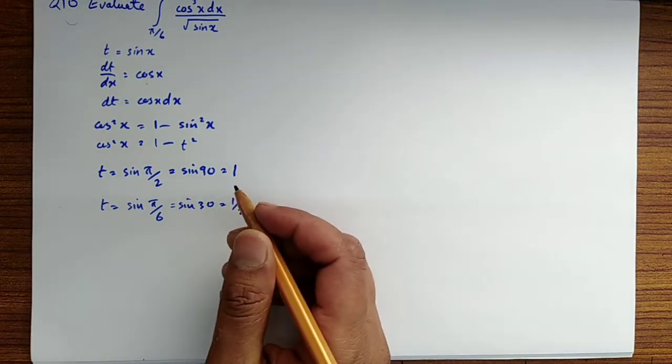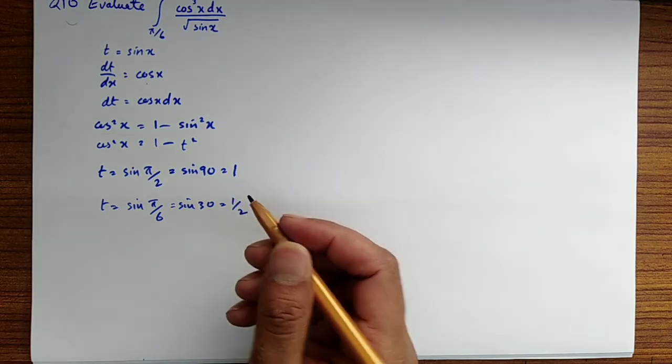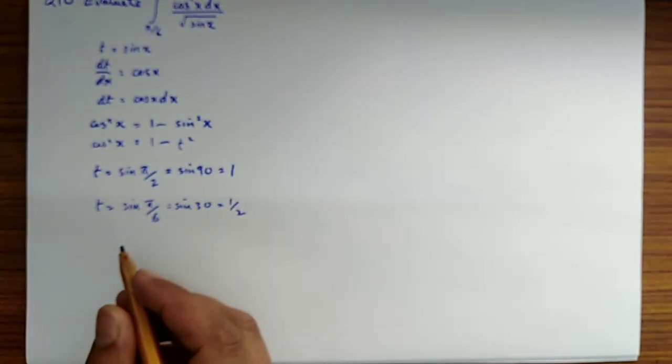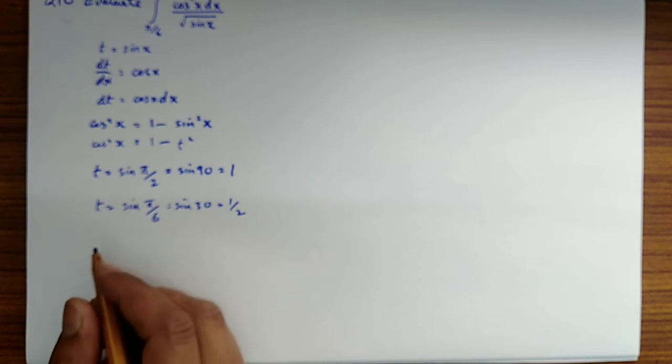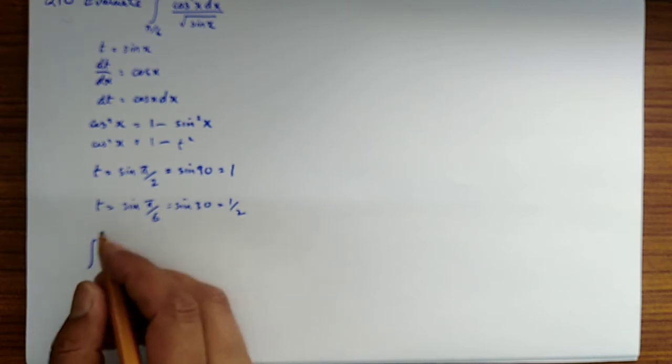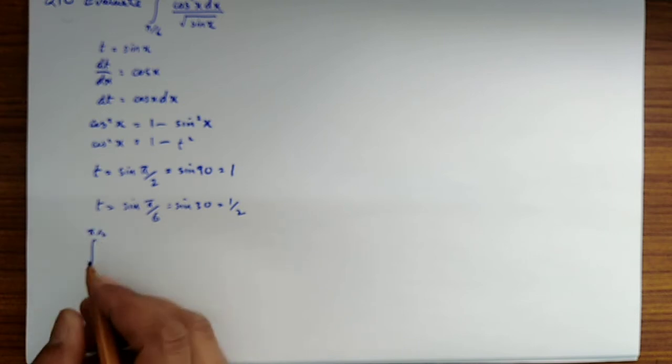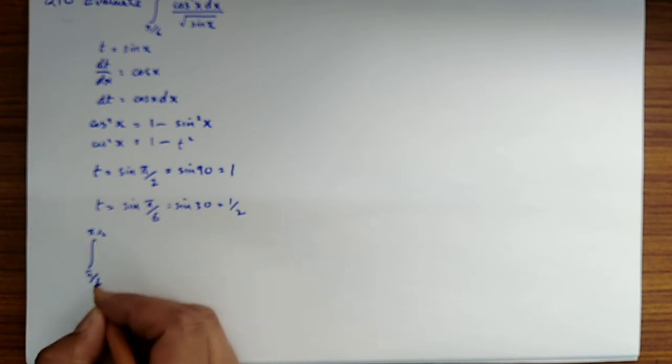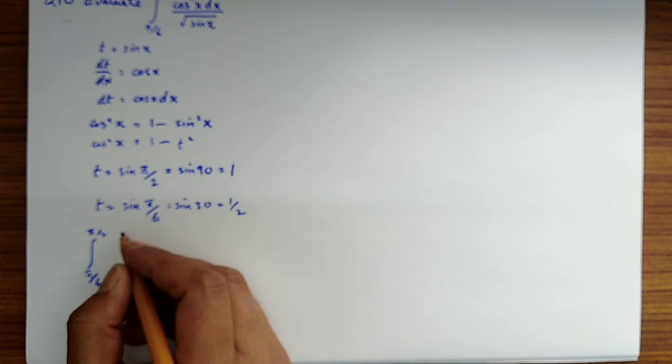So now by putting the given limits and the substitutions into the question, first we have to change a little bit, that is cos cube of x.